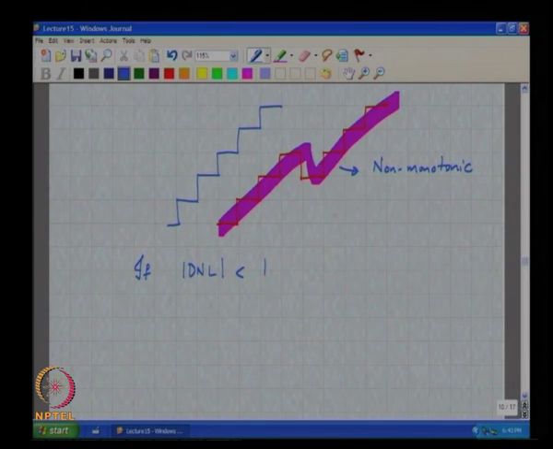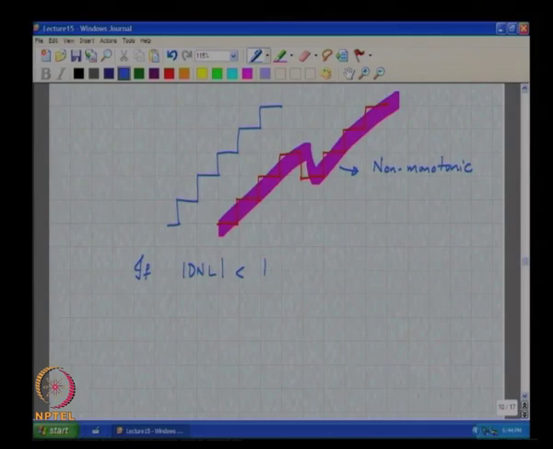I mean in the limit, if DNL is plus 1, or DNL is minus 1, you have the boundary cases. So, if the absolute value of the DNL is less than 1 LSB, then all steps exist and you will find that this is definitely a sufficient condition to ensure that the characteristic is monotonic. You understand, okay. And so where do you think a non-monotonic characteristic is likely to be a problem?